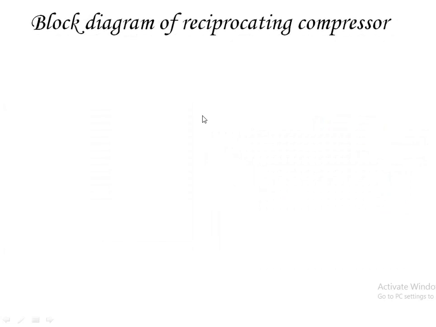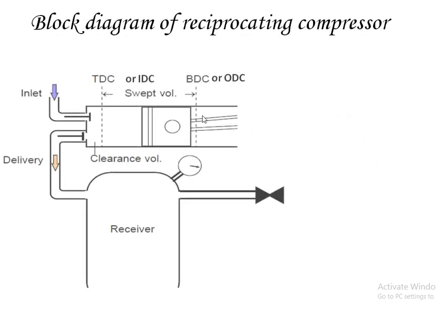So let's look into the working principle of the compressor. The following block diagram shows the working principle of a compressor. In this block diagram, there is a piston, an inlet valve and an exit valve. When the piston moves from the inner dead center to the outer dead center, the inner dead center is also known as the top dead center, if I keep the compressor vertical.